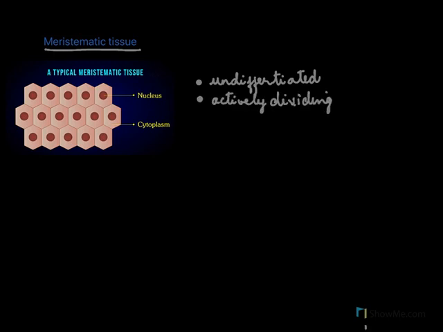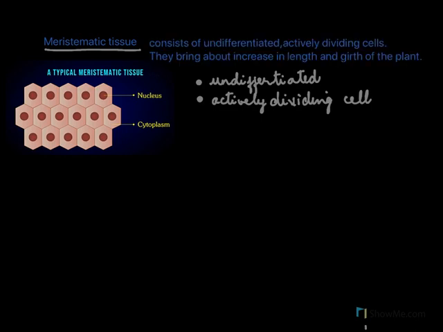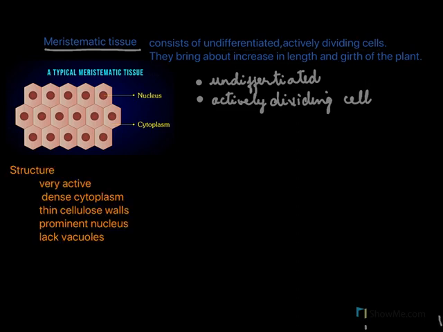Because they are actively dividing so quickly, they are responsible for the growth of the plant. They increase the length and the girth or the thickness of the plant. So if you were to define meristematic tissue, you will say meristematic tissue consists of undifferentiated, actively dividing cells. They bring about the increase in length and girth of the plant. Now, girth of the plant is the thickness of the plant.